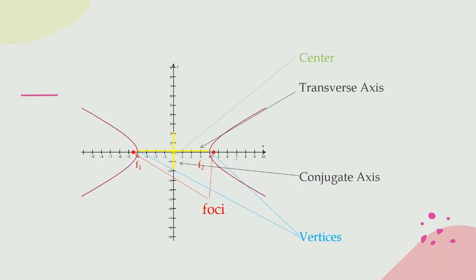So getting to know the parts of our hyperbola, we have the center. This green point here is what we call the center. We have the transverse axis. The transverse axis is the longest axis in the hyperbola. And we also have the conjugate axis, which is the shorter axis in the hyperbola.